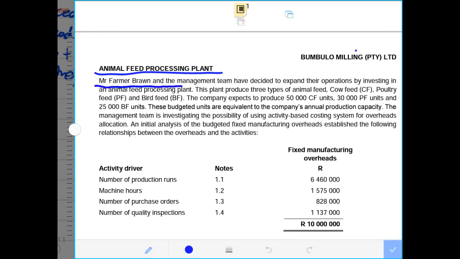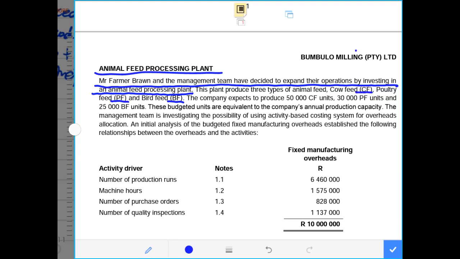Now it says, Mr. Farmer Brown and the management team have decided to expand their operation by investing in an animal fat processing plant. This plant produces three types of animal fat, which is cow fat, CF, poultry fat, PF, and bird fat, BF.